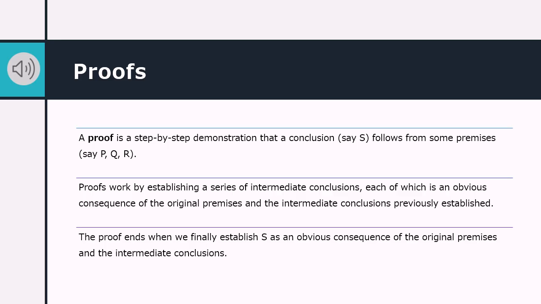But what we mean by informal is just that they're written in everyday English. On the other hand, formal proofs carry the same sort of information, but they're highly stylized, and the obvious consequences are laid out step by step. And so it makes it a bit easier to work with them and write programs that can check whether or not they're actually a proof.